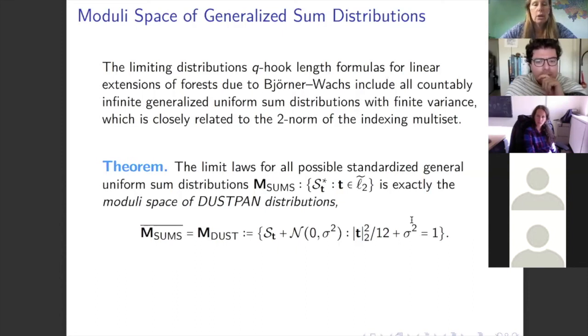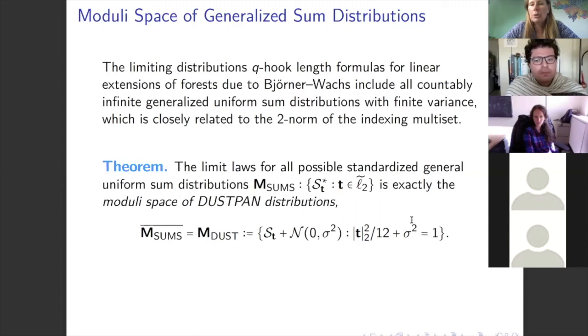When we did that, we found that there was a little gap that had to be filled that we didn't know about. So we had to introduce yet another new family of distributions, which are not new in the sense that you've never heard of them, but they just haven't been studied before. We call these the dustpan distributions. The dustpans correspond to taking one of these generalized uniform distributions plus a normal.